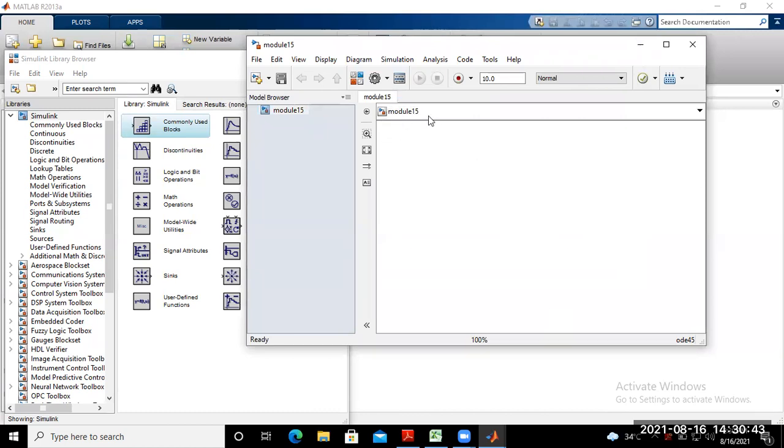You may see here that the untitled new workspace is the same as model number 15.